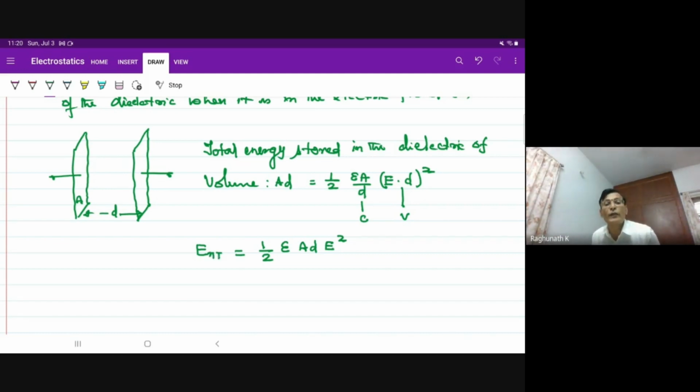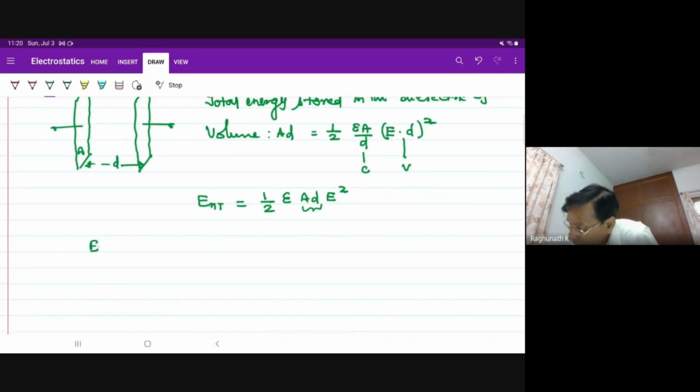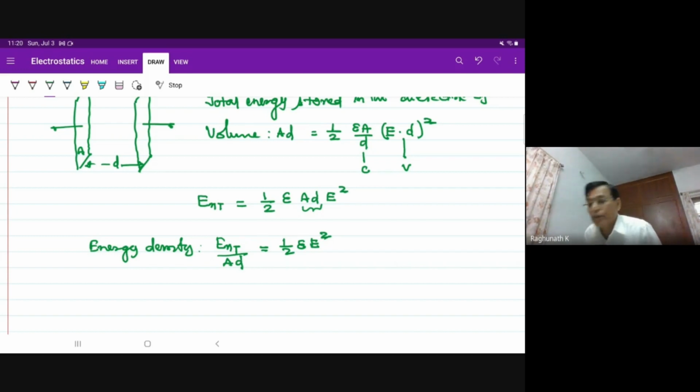What is energy stored per unit volume? Divide by AD. Energy density. Total energy stored divided by the volume of the dielectric, which is AD, is half epsilon E squared. So many joule per meter cubed in the system of units.